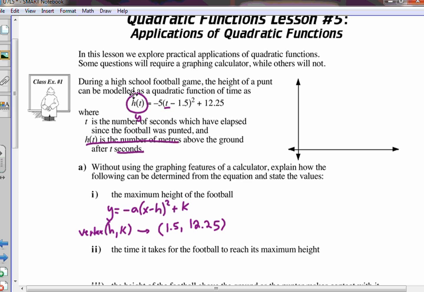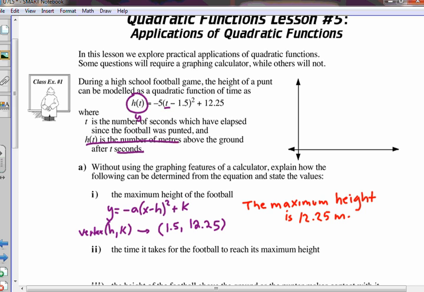Which part would be the maximum height? 12.25, the y value, which is actually in meters. So the maximum height is 12.25 meters. That's meters.